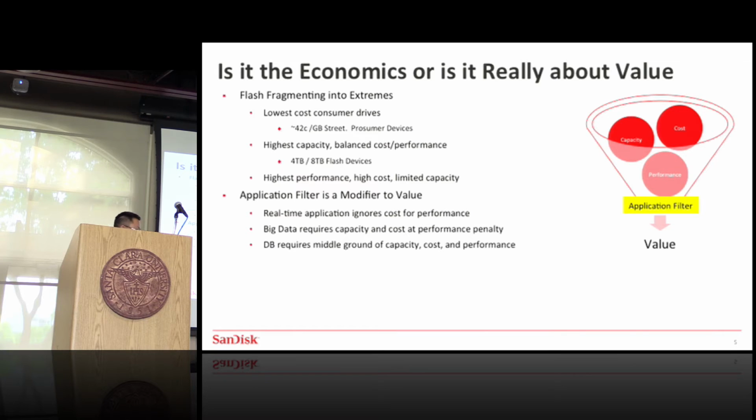And the reason for that higher cost is the fact that the 2 terabyte SATA prosumer drives are still low enough capacity that the cost of the compute is a larger portion of that. But as you've seen, Sandisk and our competitors have come out with 8 terabyte drives and 16 terabyte drives.